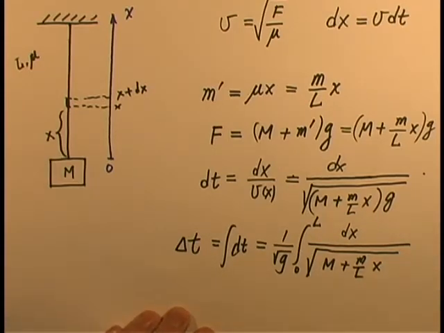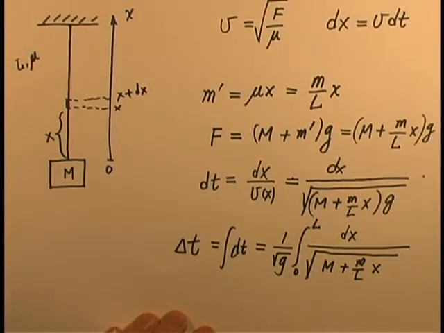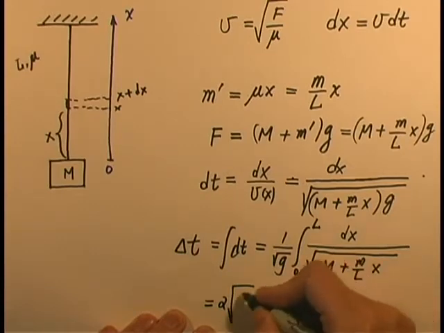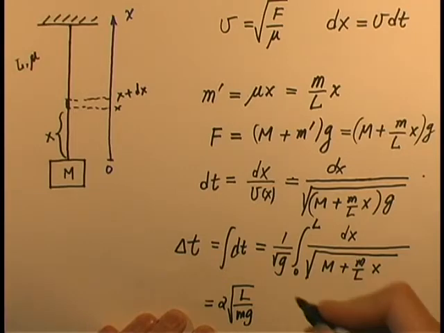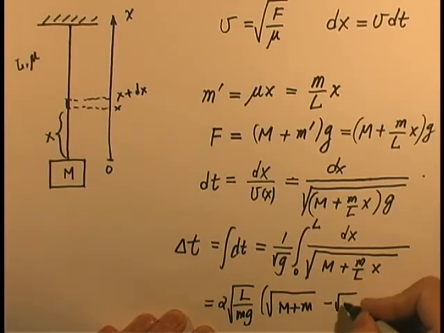I trust that you can work it out, and you can verify that after you finish this integration, you will get the result given in problem number 60. It is 2 times the square root of L over mg, and then the square root of the sum of the two masses minus the square root of the mass of the block at the end.